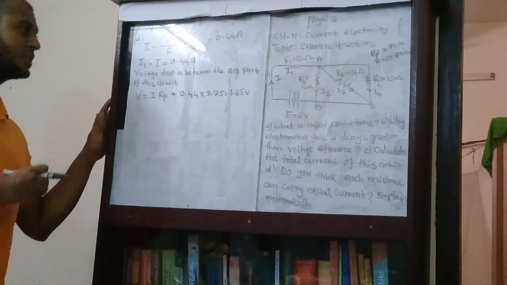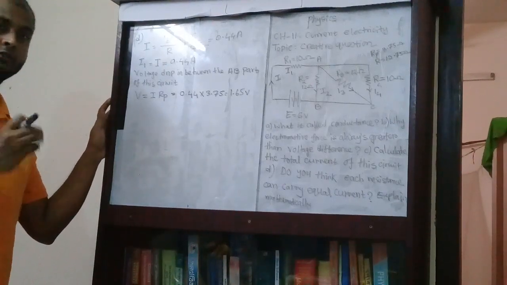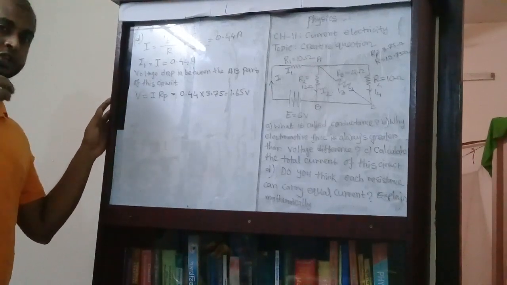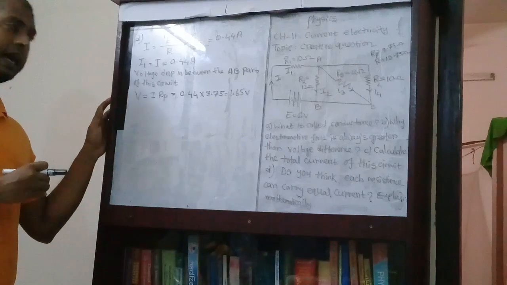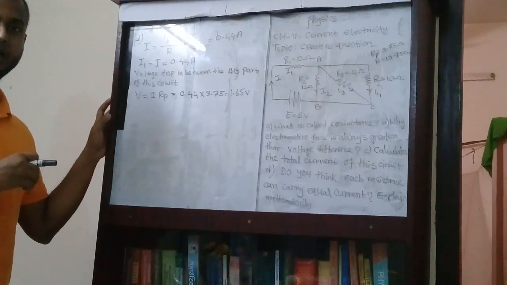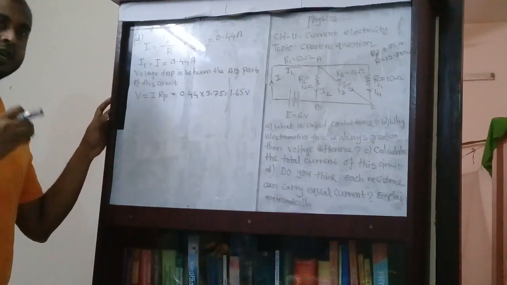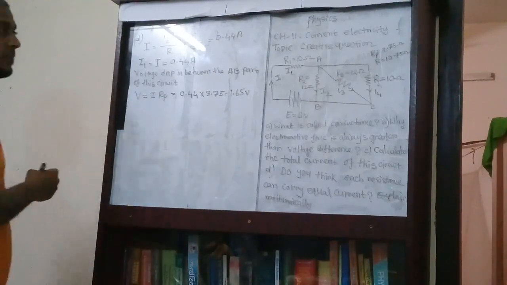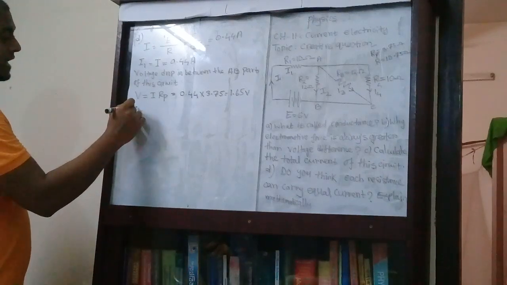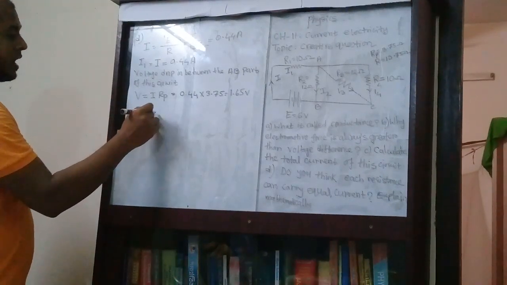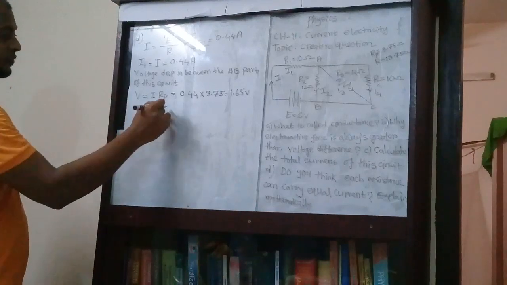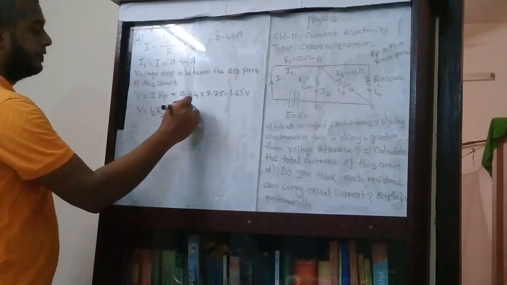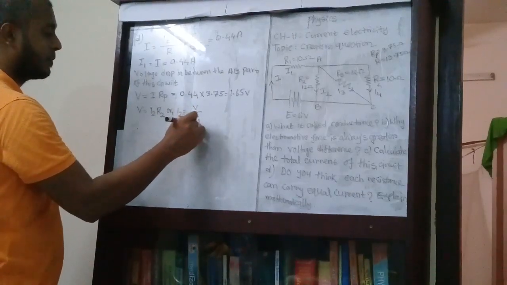So for resistance R2, the voltage drop is V. For R3, the voltage drop is also V. And for R4, the voltage drop is also V. If you consider this concept, then for R2, V equals I2 into R2. Now I2 equals V divided by R2.